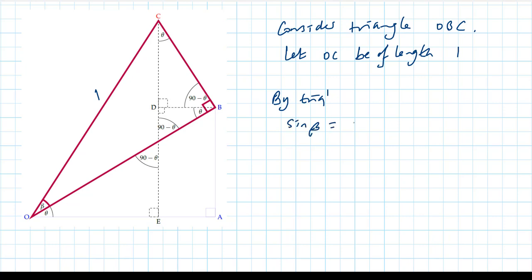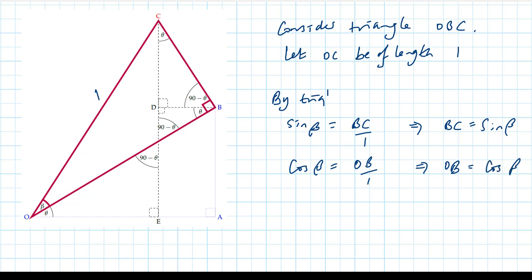So we know that the sine of beta is the opposite over hypotenuse. So it's BC over 1, therefore BC is the sine of beta. And then similarly, cos of beta is OB over 1, so OB is equal to the cos of beta. So we now have the two lengths in terms of our trig ratios.